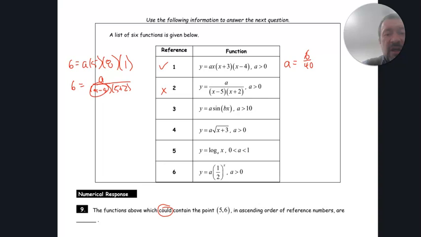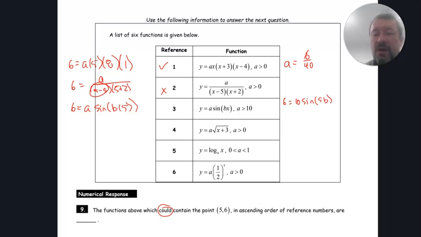Question 3, if I plug a 6 in, a sine of b times 5, is it possible that I could get a result here where a is greater than 10? Well, now that's an interesting question. So I tell you what, just for fun, what would it look like if I plugged 10 in? So if we made this 6 is equal to 10 multiplied by the sine of 5b, I'll just make it 5b because that looks better.